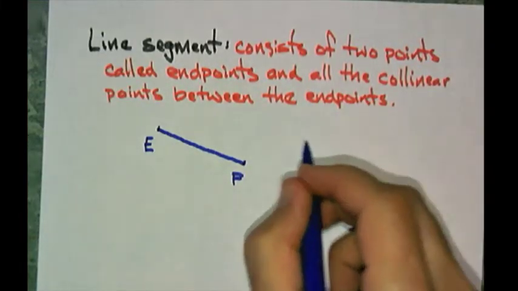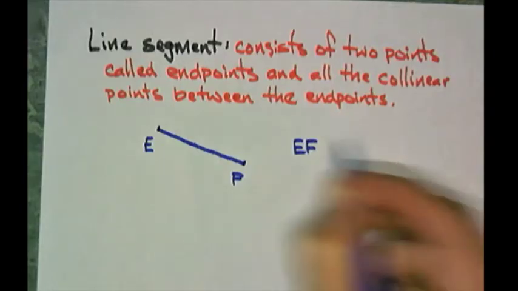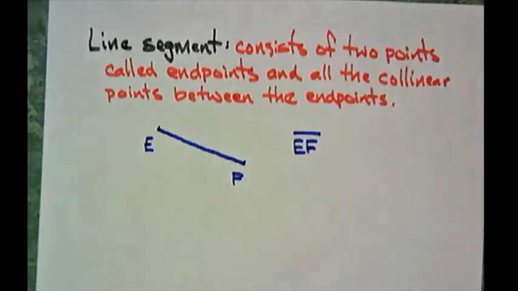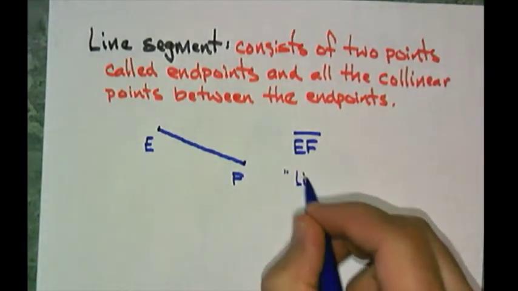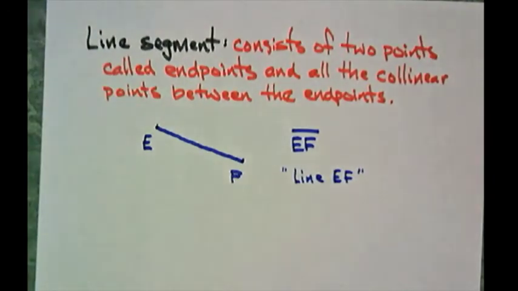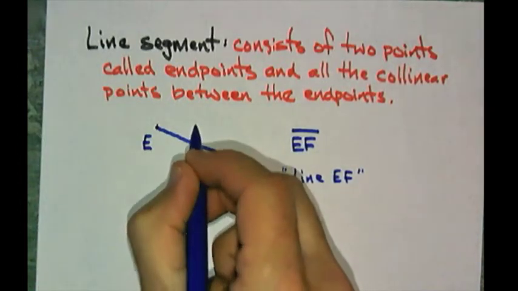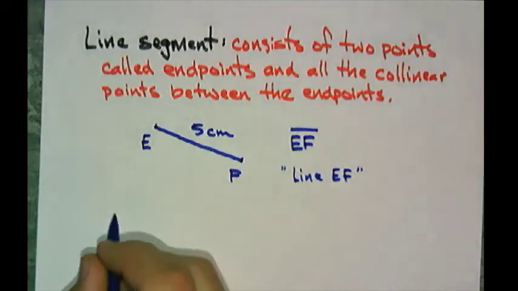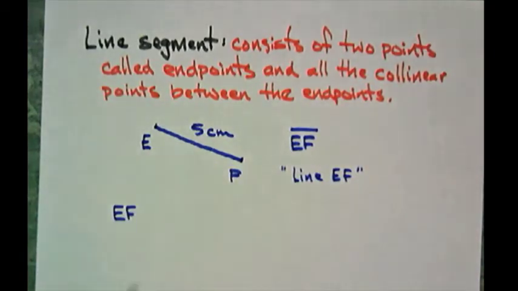The symbol for EF, line segment EF, is the same as a line, except for this time we have no arrows. So there's the symbol, and of course in English we call that line segment EF. Fantastic. If I put EF and I put 5 centimeters, now I'm telling you that EF has the measurement of 5 centimeters.